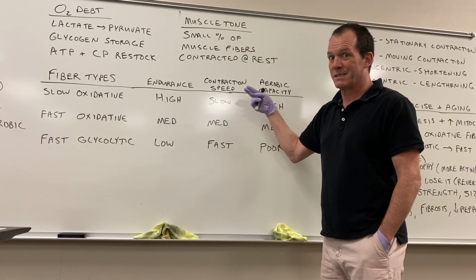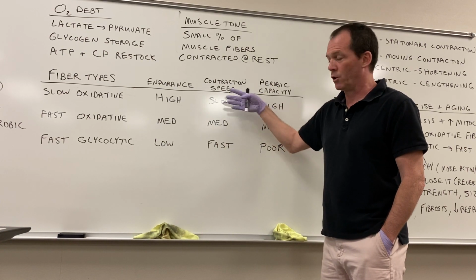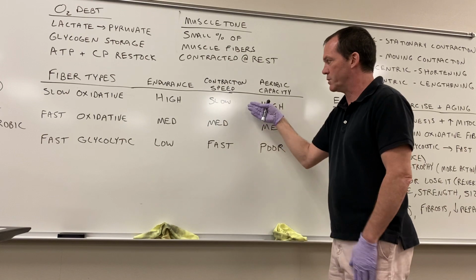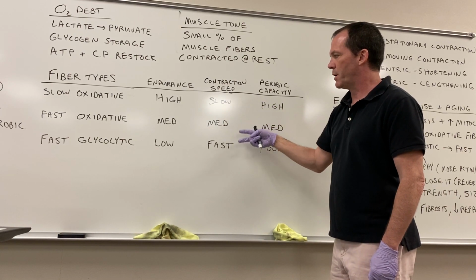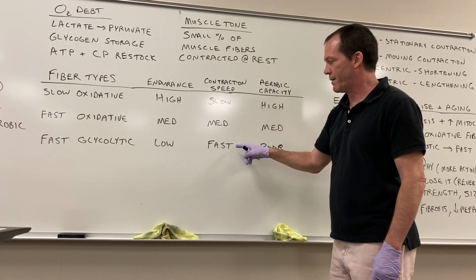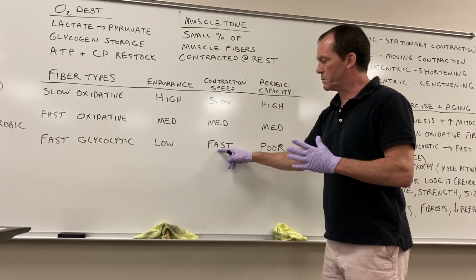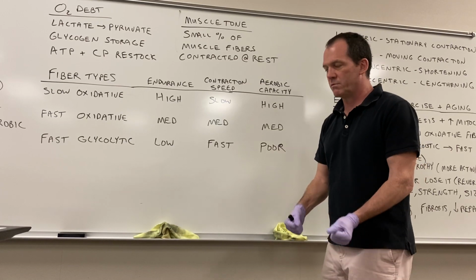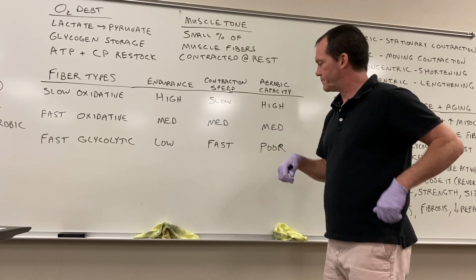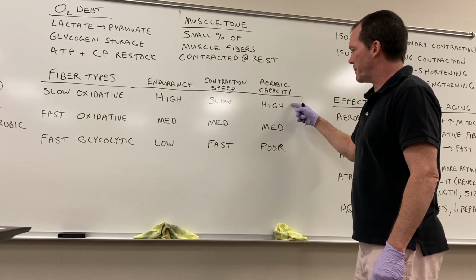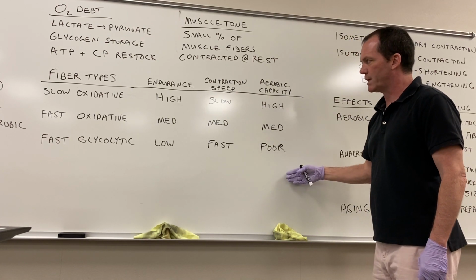But you're not going to be able to beat the dead sprinters because you've got a large percentage of these slow oxidative fibers. Fast oxidative somewhere in the middle, and fast glycolytic are very fast contraction speeds. So this is what you're going to use to jump or sprint or when you're snatching a weight off the ground. And then for aerobic capacity, high, medium, poor, kind of works out logically.